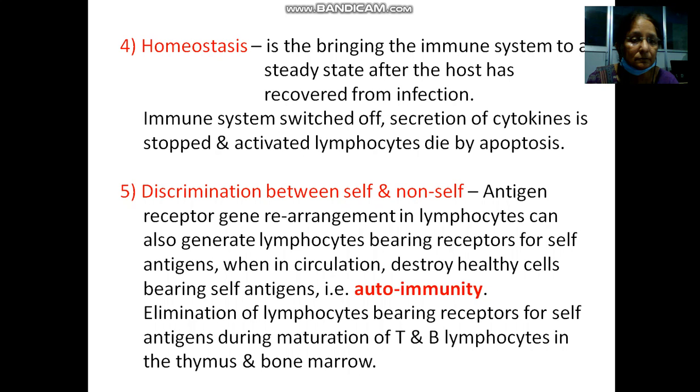This phenomenon is known as autoimmunity. Elimination of these lymphocytes bearing receptors for self antigen is done during maturation of the T and B lymphocytes in the thymus and bone marrow, but some of them again escape the elimination and produce autoimmune diseases.